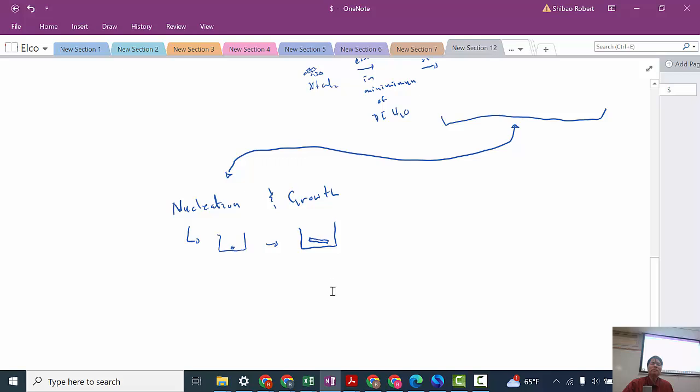The other extreme is we don't nucleate one crystal, we nucleate thousands and thousands of crystals. If we nucleate thousands and thousands of crystals, then we end up with tiny crystals.